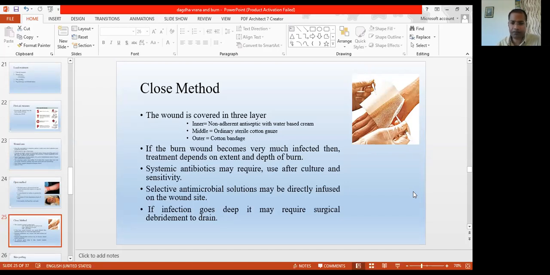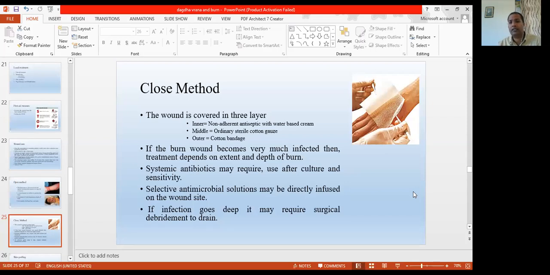You have to change these antimicrobial dressings every 3 to 4 hours: every 3 to 4 hours you remove the dressing and put on another one. This type of dressing is very useful in the closed method.